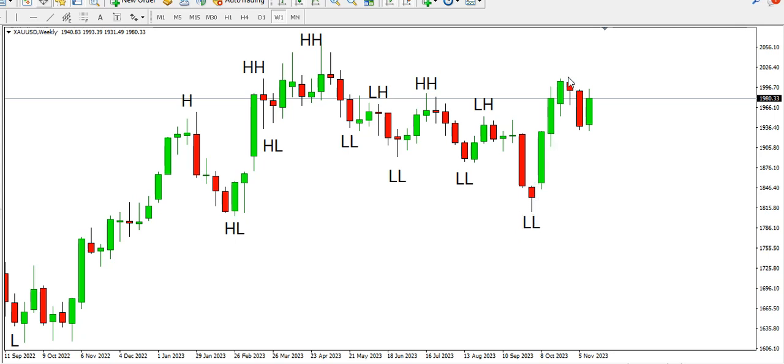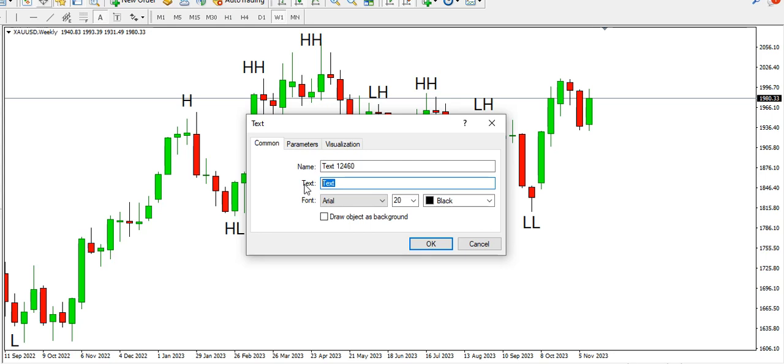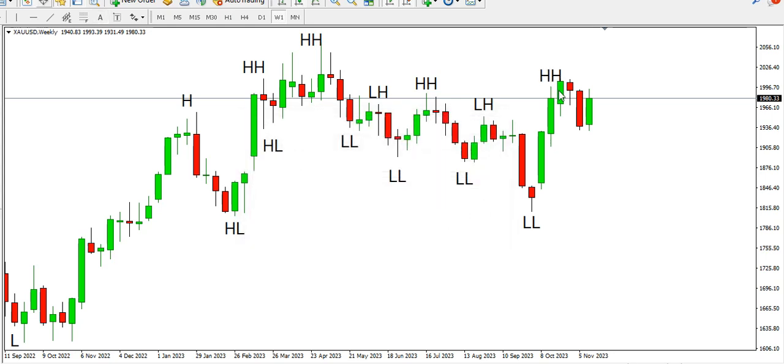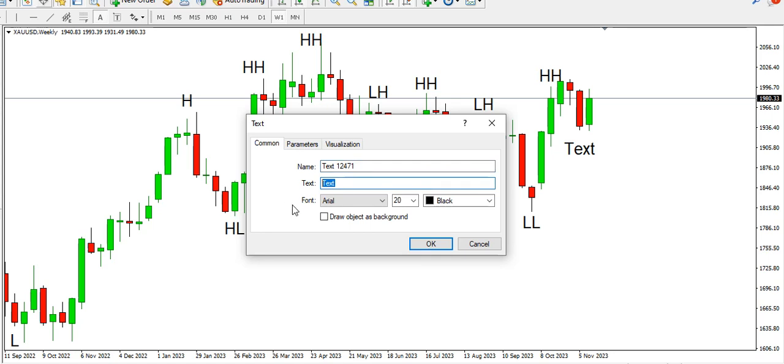Of course, so this is going to give us higher high. Still on the weekly time frame, it's going to give us higher high. We have two successive bearish. Of course, we do. This is going to give us higher low.